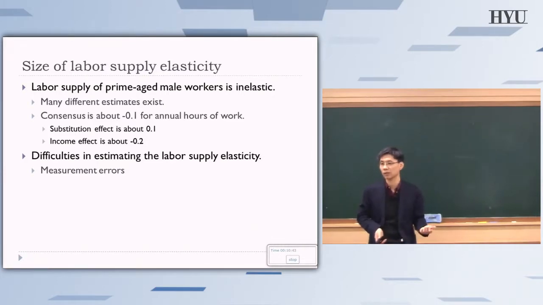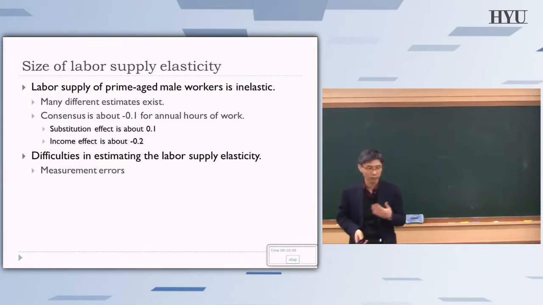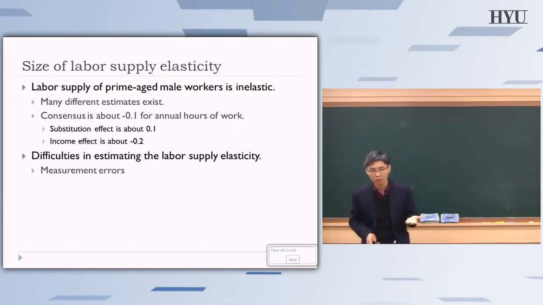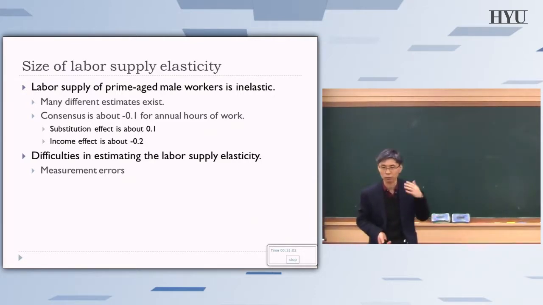But as you can see, that self-reported data may have a lot of problems. When you ask somebody, how much are you paid? Okay? They may or may not give you an accurate answer. How many hours do you work? They may or may not give you an accurate answer, because probably they just don't remember much.